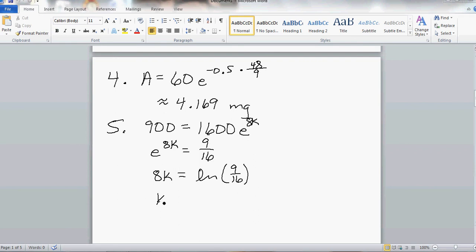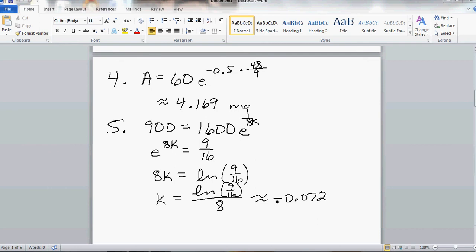Then divide both sides by 8, so that k equals the natural log of 9/16 divided by 8, which equals approximately negative 0.072. So it appears to be losing ground 7.2% a year.